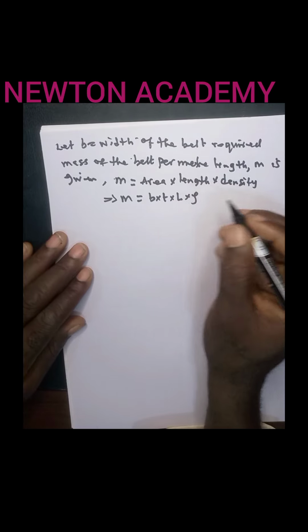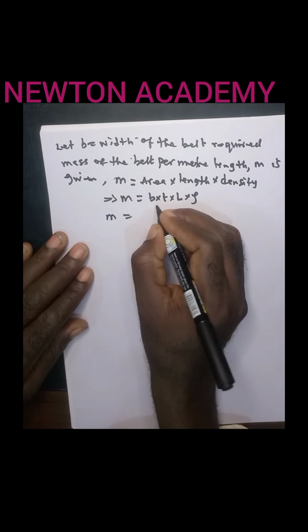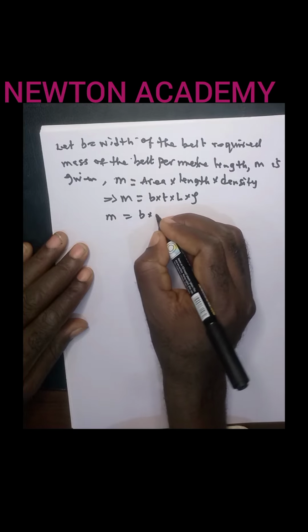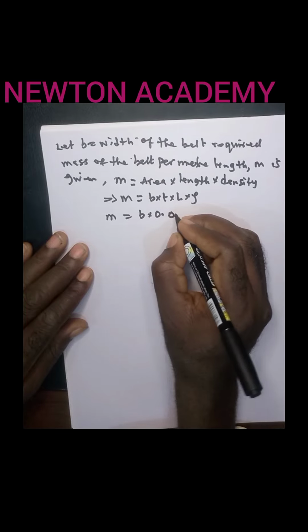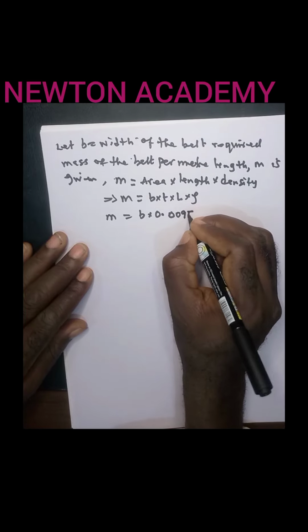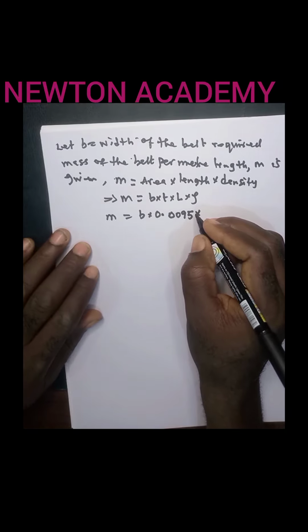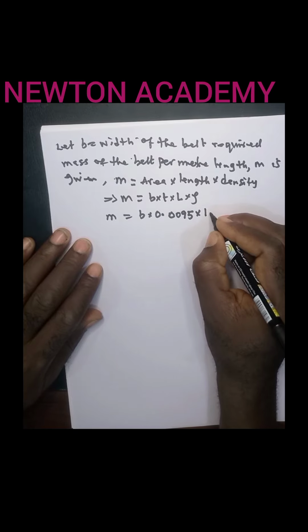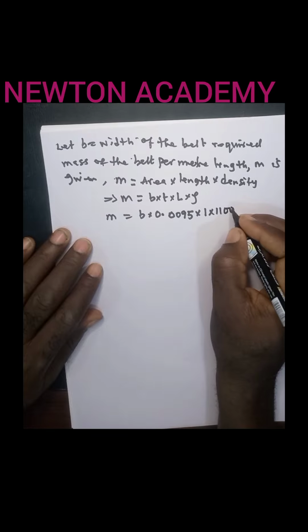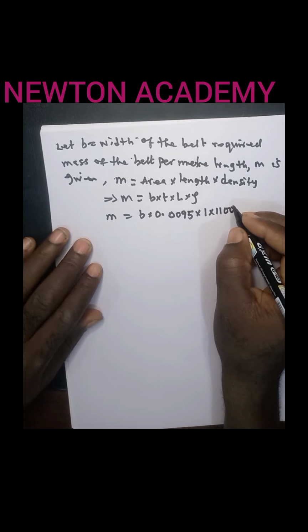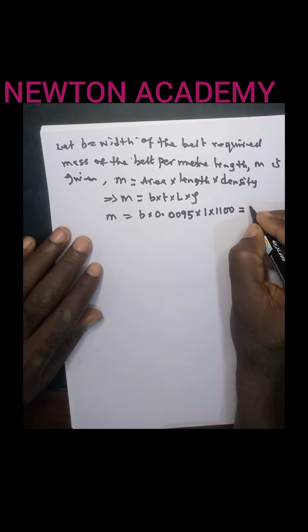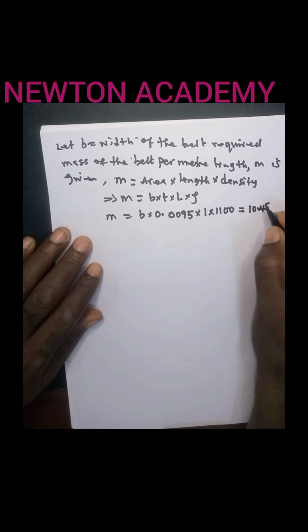Then we substitute what we have: the width of the belt times the thickness, 0.0095, the length of the belt, 1 meter, and the density of the belt, 1100. When we evaluate this, we get 10.45 B, which is in kilogram per meter.